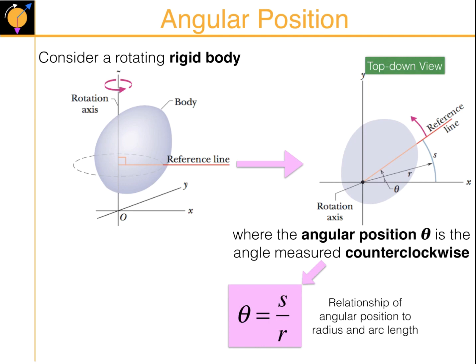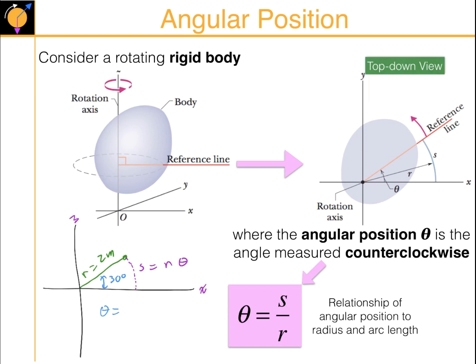Just as a simple example, let's say I have a point here at a radius of 2 meters, and it's at an angle of 30 degrees. We can find the distance it's traveled from the x-axis. If this is the x and the y-axis, this distance will be r times theta. Now, to use this equation to find the distance s traveled along the arc length, we need to convert theta from degrees to radians.